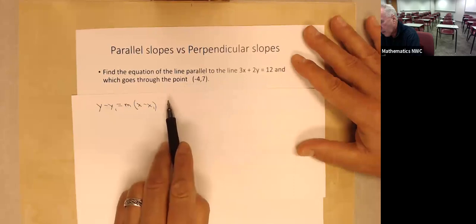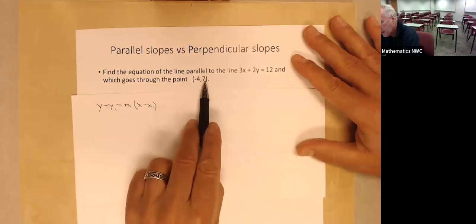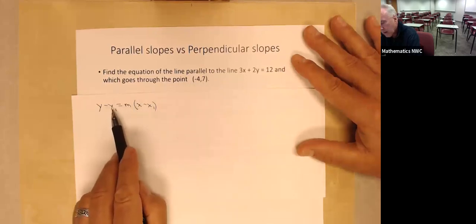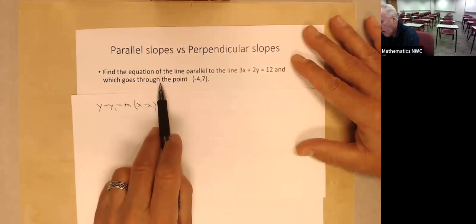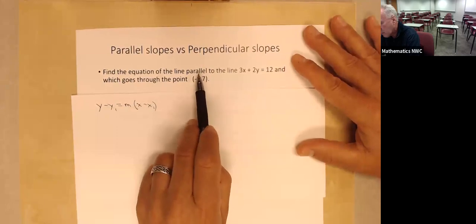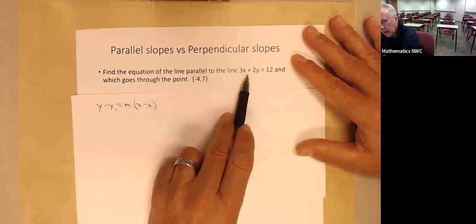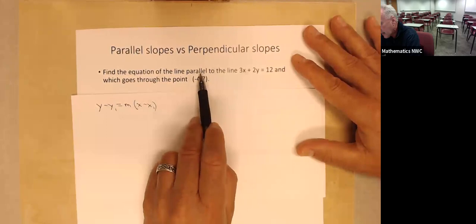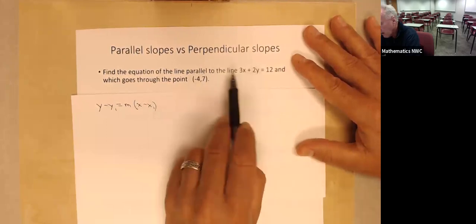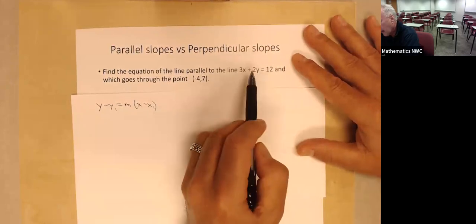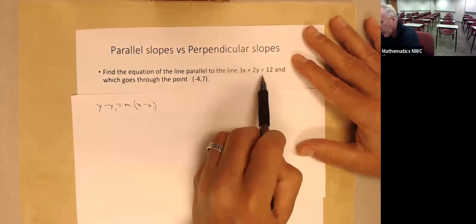Obviously, the negative 4 would go in for the x, the 7 would go in for this y. But the slope is not given to me. All it does tell me is that it's parallel to this equation. That means it has the same slope as this equation.